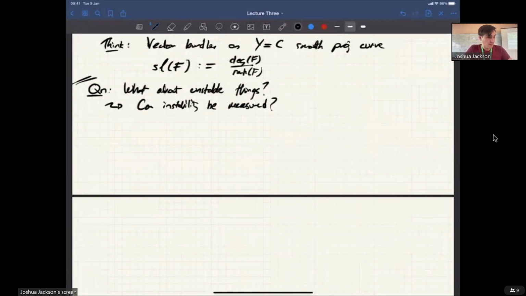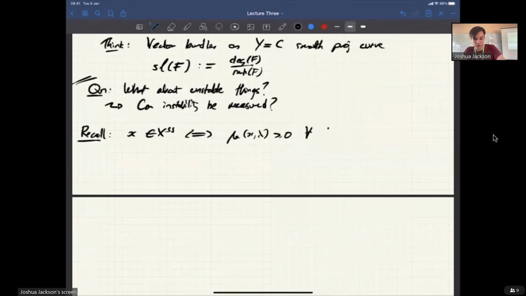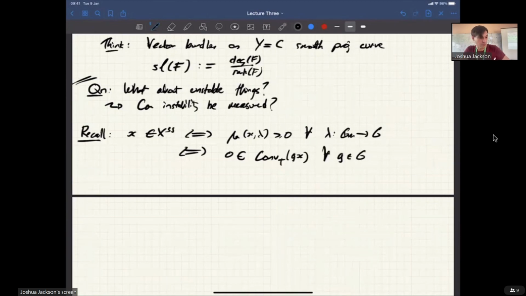Okay. If we recall what the Hilbert-Mumford criterion tells us about semi-stability: a point is semi-stable if and only if the Hilbert-Mumford function is positive for all one-parameter subgroups, all homomorphisms from G_m to G. This was also the same as 0 being in the convex hull of the T weights of gx for all g in G. So I'm asking, can instability be measured?